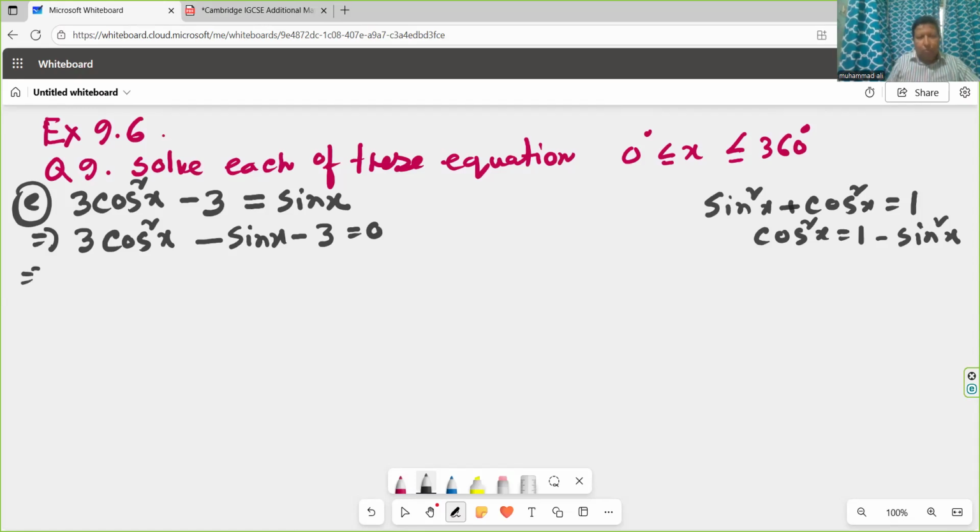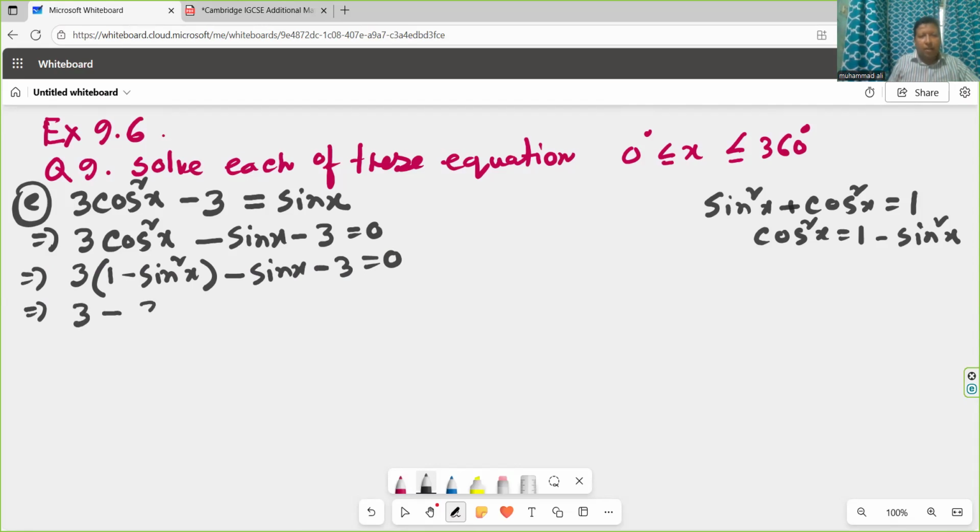So we have to convert, except the constant, the same term. Instead of cos square x, we write 1 minus sine square x, minus sine x minus 3 equals 0. If we remove the bracket, we get 3 minus 3 sine square x minus sine x minus 3 equals 0.